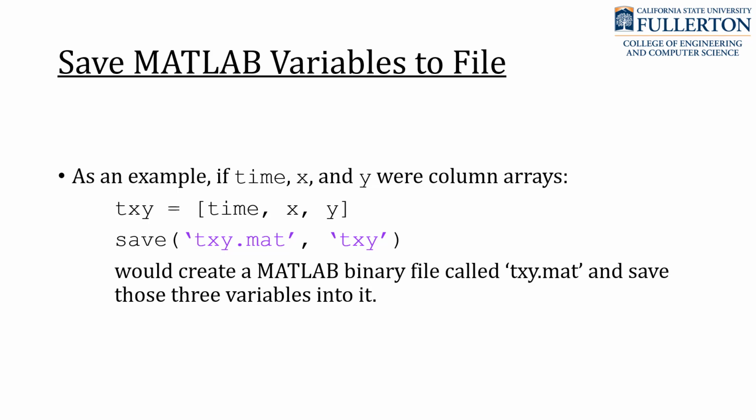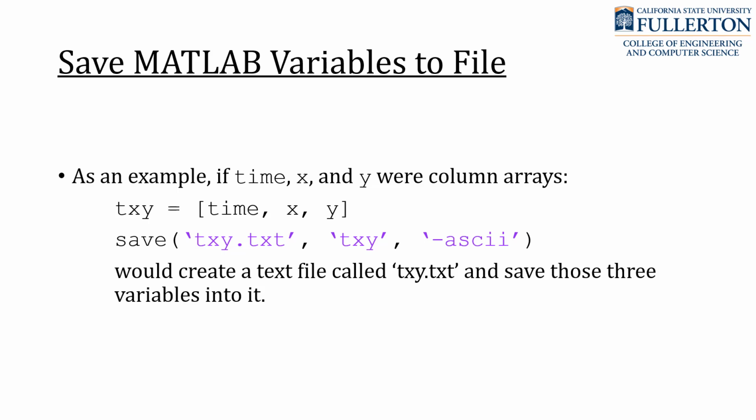This will create a MATLAB binary file and save those three variables into it. However, if you need a text file, replace the txy.mat with txy.txt and add the ASCII format flag onto the end of the command. And this would give you a text file that you could open and edit in Notepad, in Excel, or whatever other software you're using.